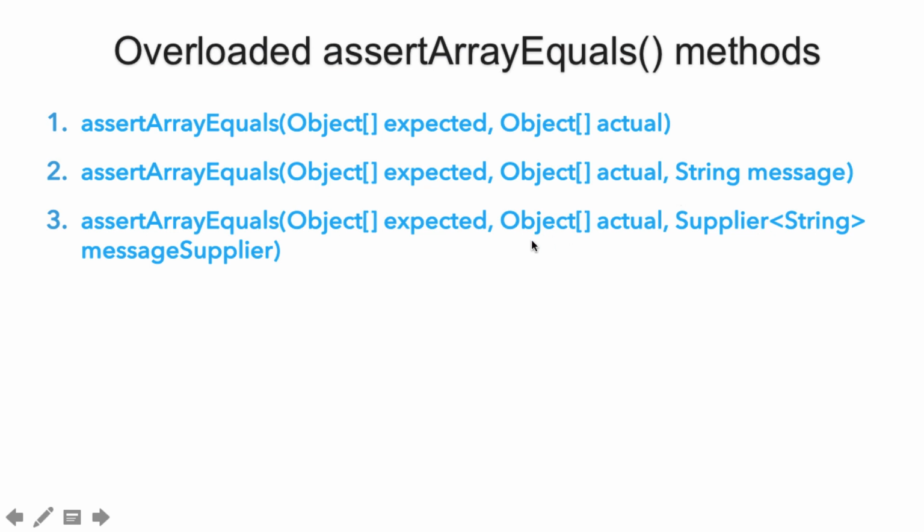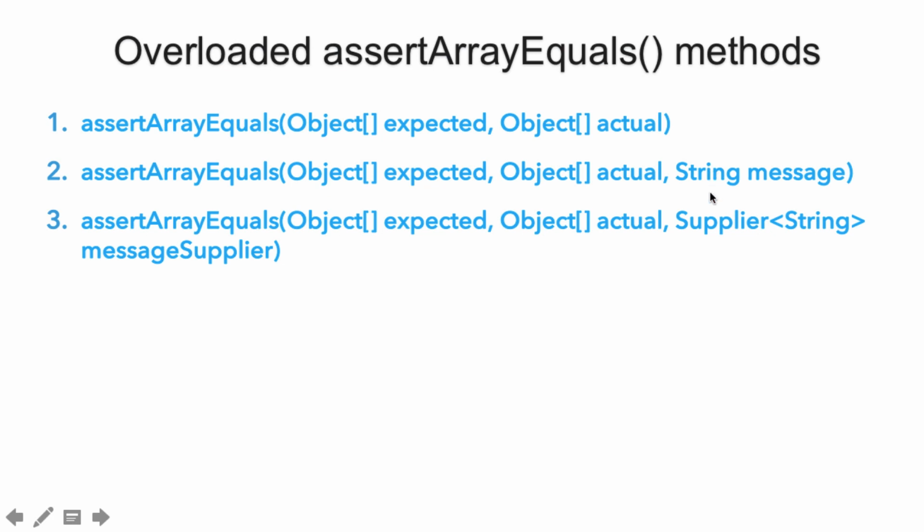The third overloaded method also takes an expected array and an actual array. The third argument is a Supplier functional interface which evaluates to a string and acts as a message supplier. If the expected and actual arrays are not equal, the test case will fail, and then the Supplier functional interface comes into the picture and lazily evaluates a string and passes it to the JUnit console.